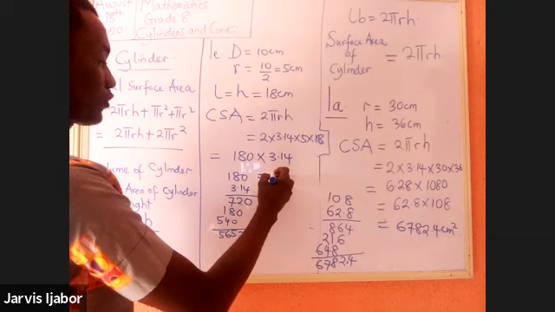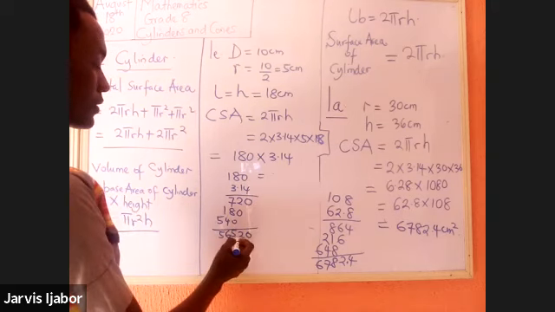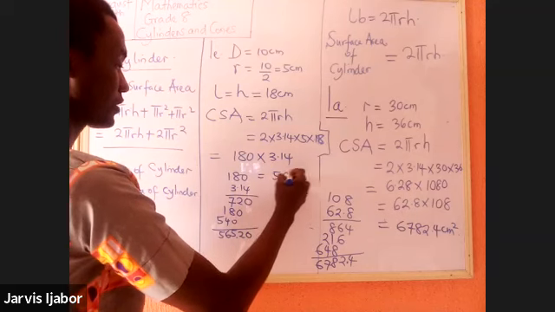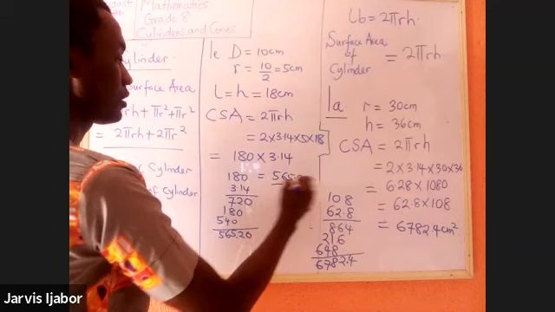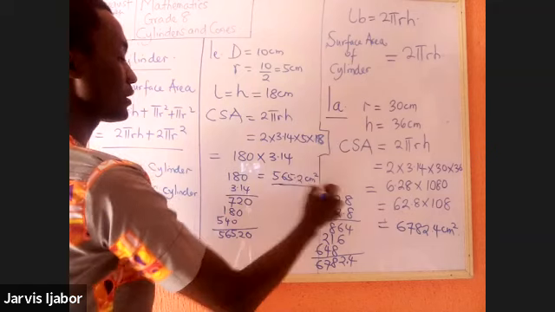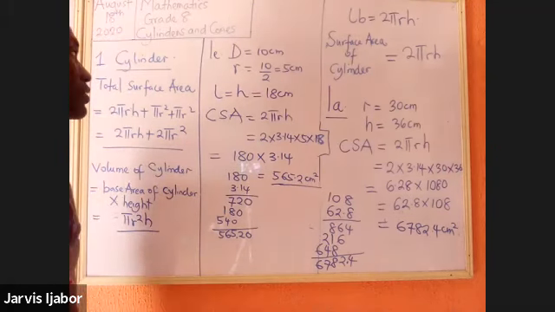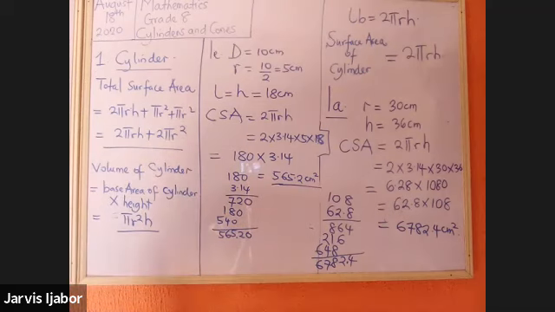So that will give me, if I've done my 2 decimal places right, 565.2 centimeters squared. Very important that you add that. All right, so that's that for that.